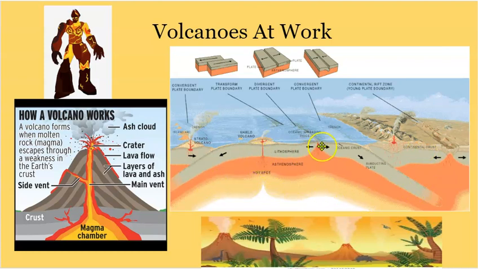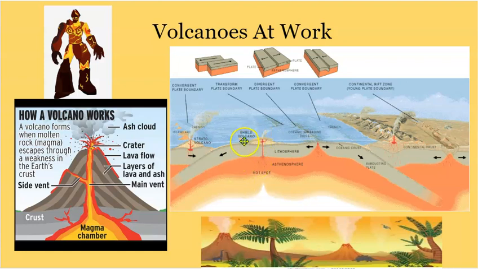We can also have seafloor spreading, and seafloor spreading creates mid-ocean ridges. It can create fissure volcanoes on continental crust, and we can have activity as a result of that as well. We can also have hotspots. Hotspots form shield volcanoes, and sometimes they can form caldera volcanoes.